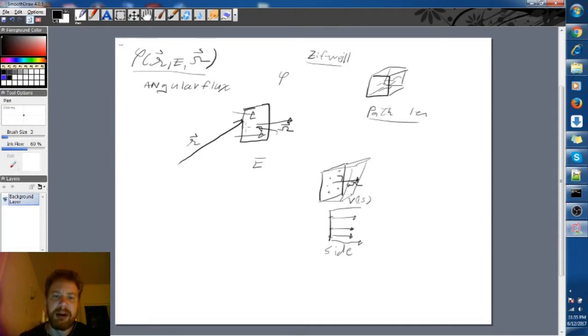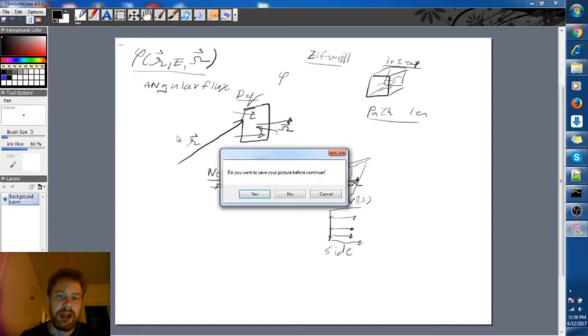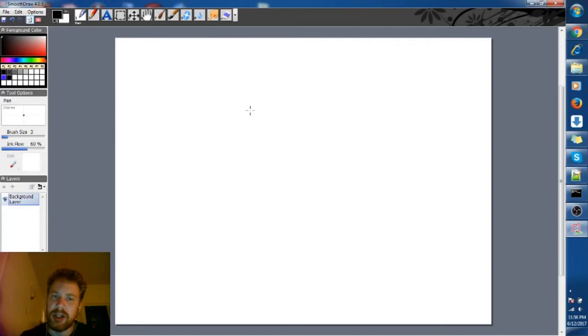Whereas when I'm thinking about the definition, I'm thinking more along the lines of this idea here, where we have our unit surface area rather than volume. And this is the net number of neutrons. Where this becomes particularly important is in the idea of the neutron current.